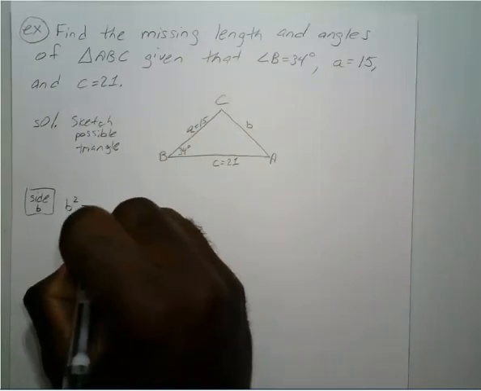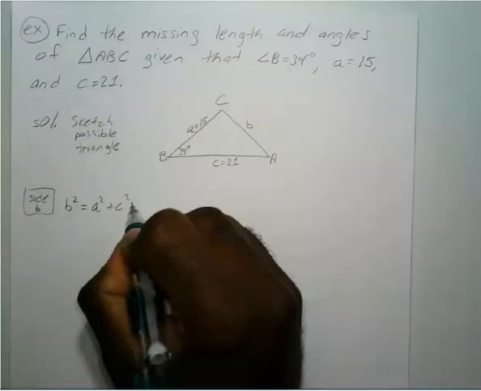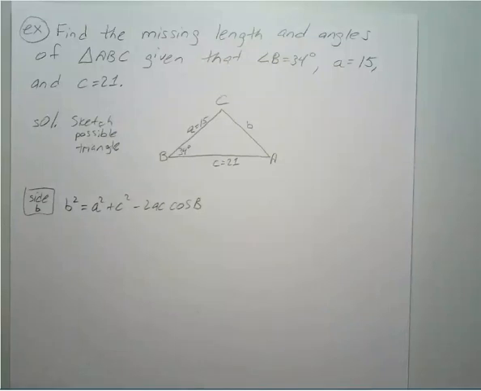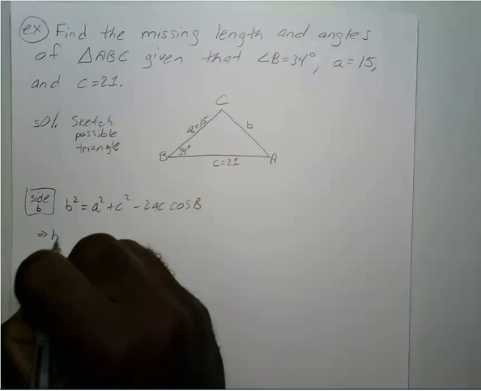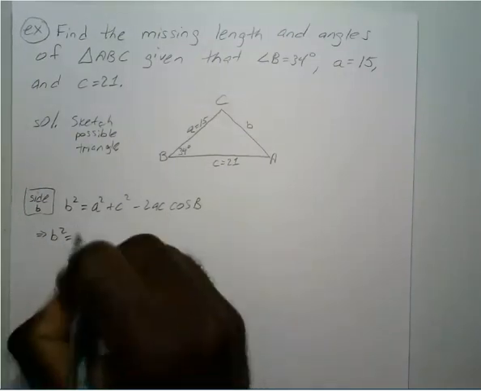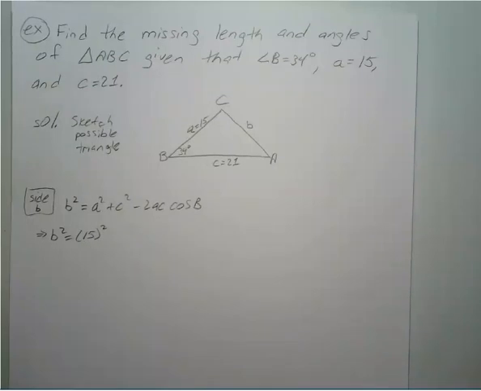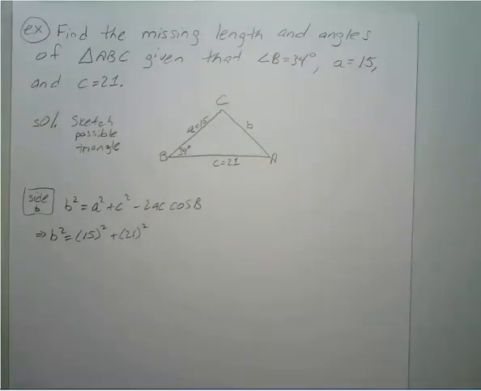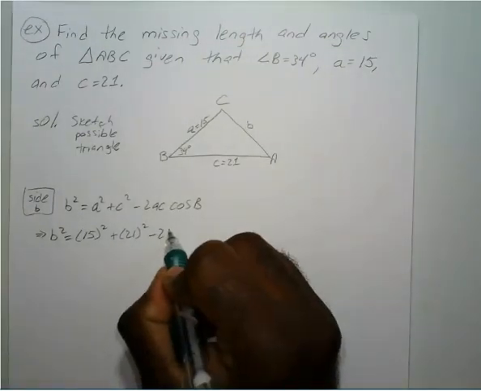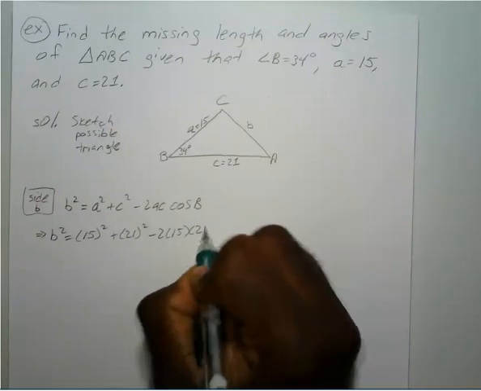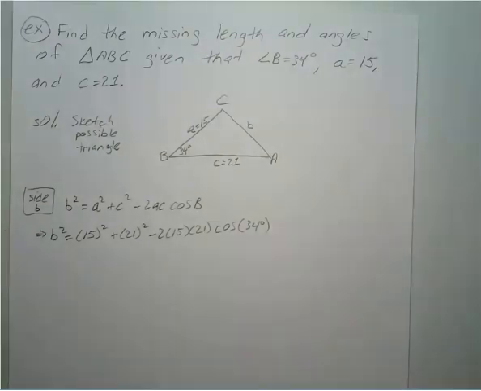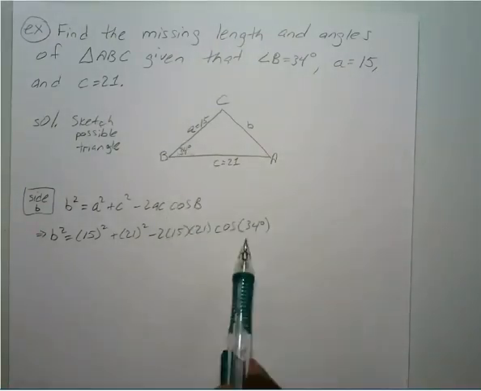B squared is equal to A squared plus C squared minus 2 times A times C times cosine of angle B. So if we plug those in, we have B squared is equal to A squared, so that's 15 squared, plus C squared, 21 squared, minus 2 times A times C times cosine of B. All we did was plug in the values we had right there.